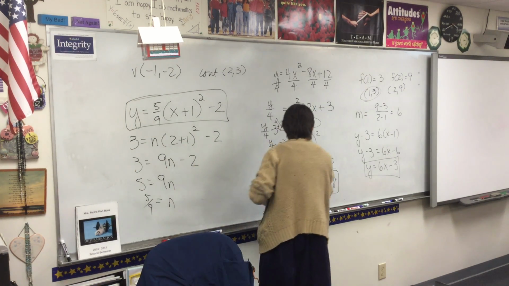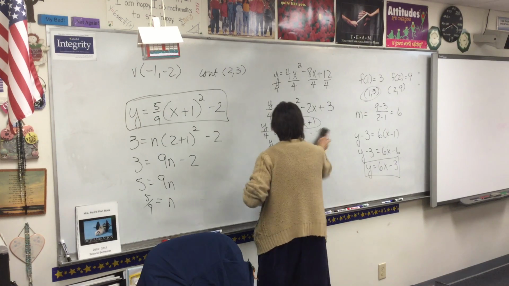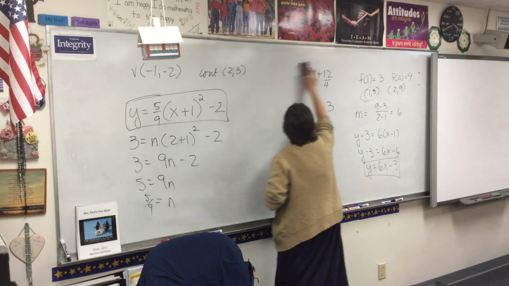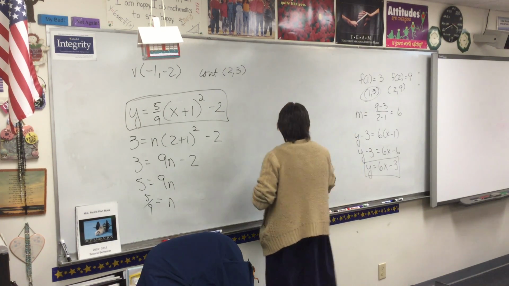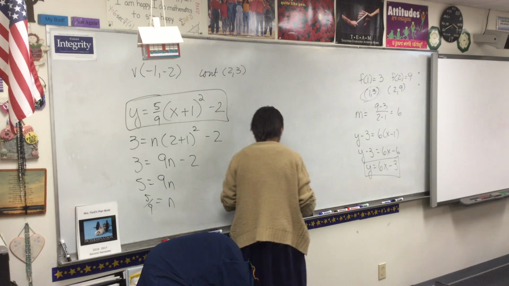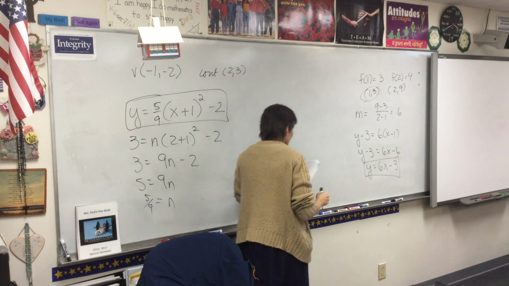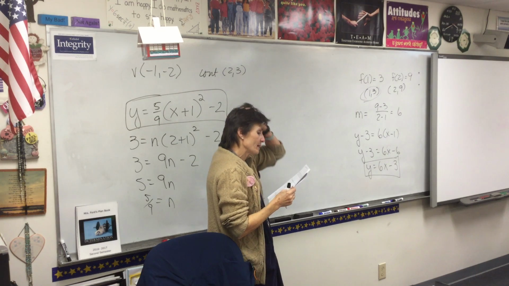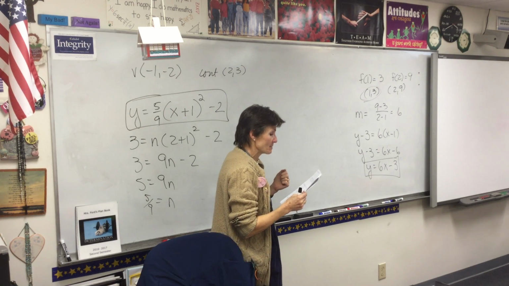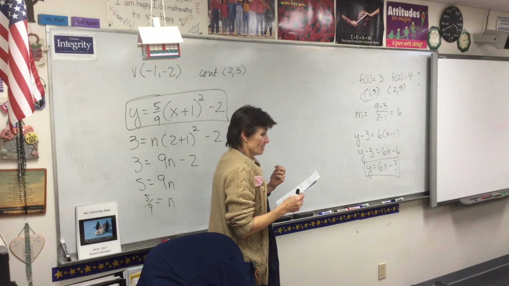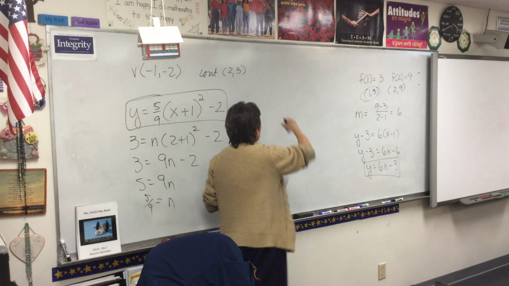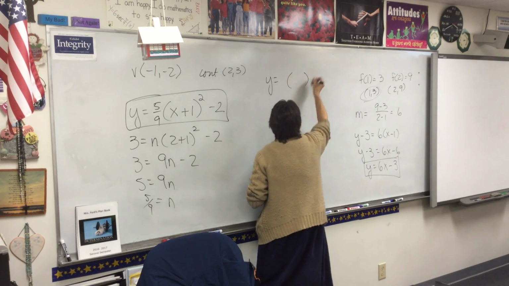Well, speaking of writing equations, we're going to do it again. Only this one is not a parabola. This is some kind of polynomial. And once again, I didn't label my intercepts. I'm sorry. What will my factors be?